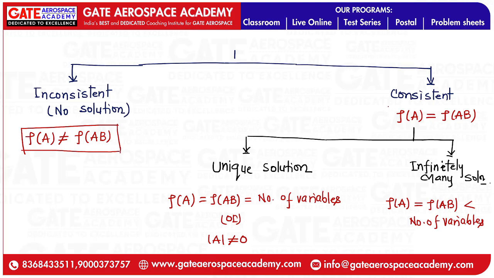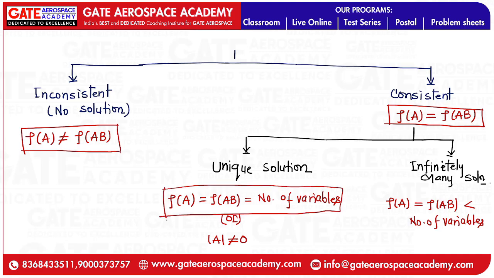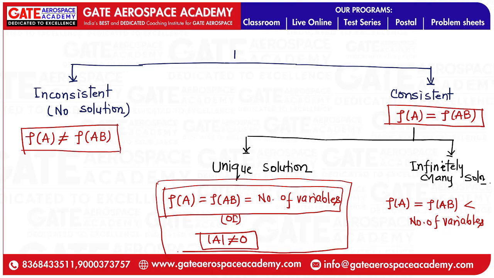Then if the system is consistent, we are further subdividing into two parts, and it is very easy to recognize the things, isn't it? And somewhat these things are similar also. Similarly, for infinitely many solutions, we are going to remember this form.